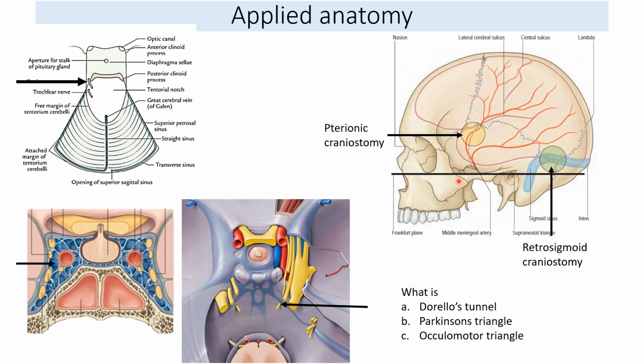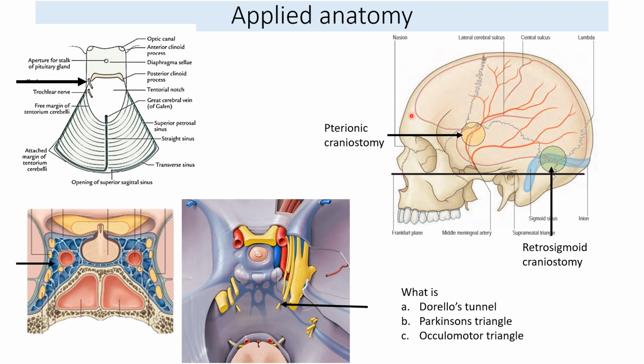Okay, then I'll just tell you a few words about the pterional craniostomy and the retrosigmoid craniostomy. As we did the extradural hemorrhage, I've told you that the meningeal vessels are responsible for the bleeding in the extradural hemorrhage. So to treat that, the burr hole is made in this pterional region to drain the extradural hematoma.